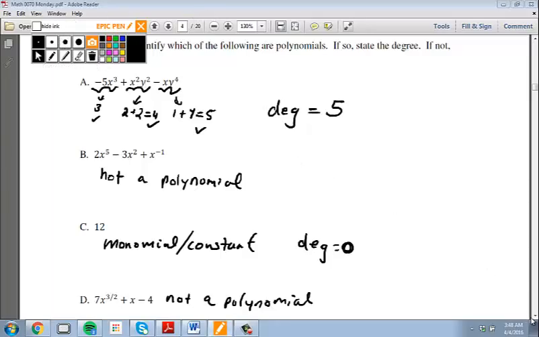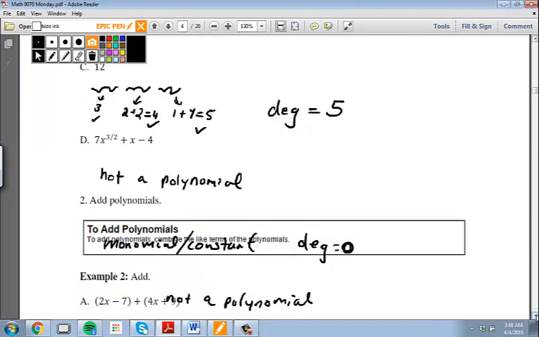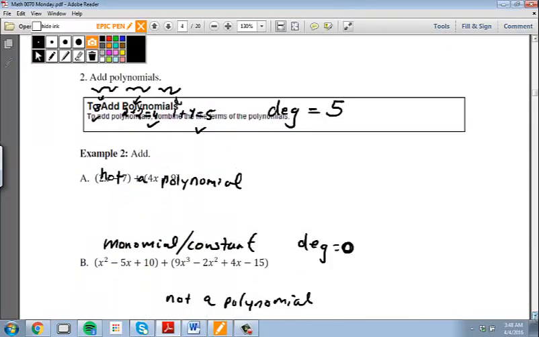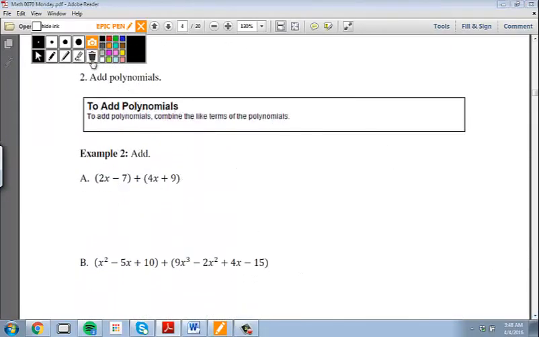I can feel it. Let's move on to example 2, which is going to be adding polynomials. So, add. To add polynomials, combine the like terms of the polynomial. So, we have 2x minus 7 plus 4x plus 9.